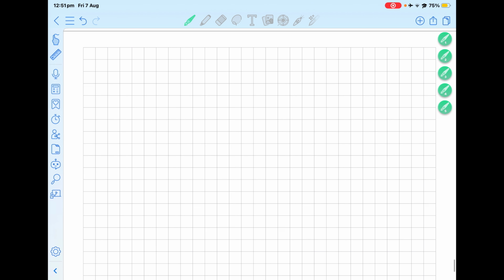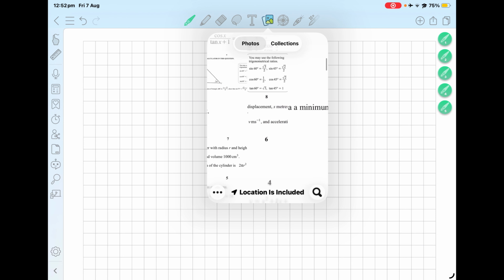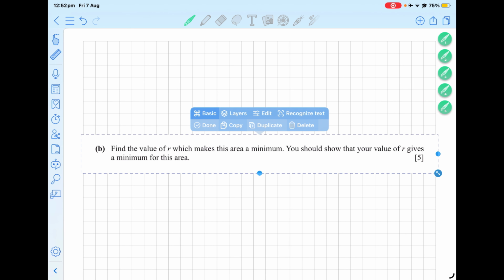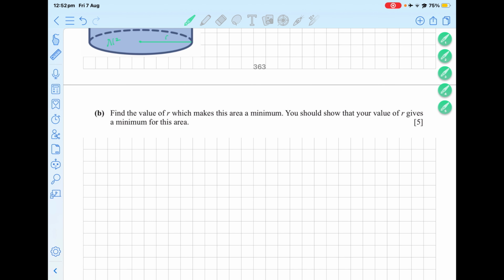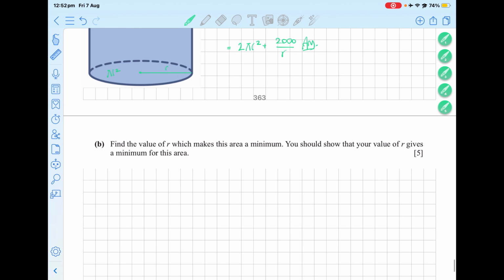Okay, then we have question 5 part B. What is the value of r that makes this area a minimum? We should show that the value of r gives the minimum.